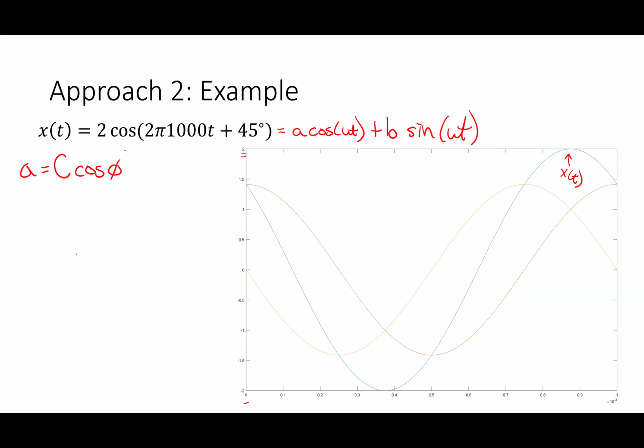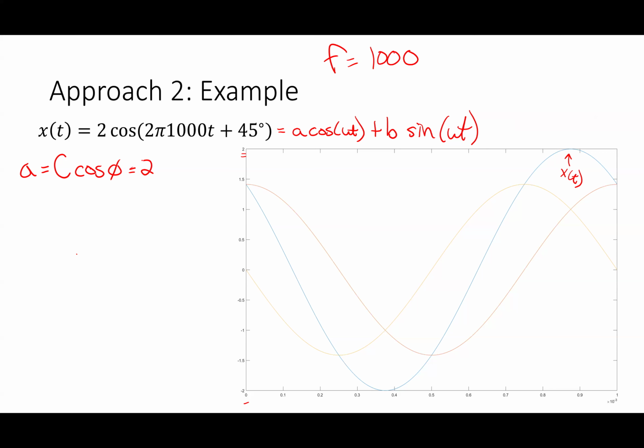If you don't know that, I really shouldn't send you to Signals and Systems. They're going to roast you in 3100. The amplitude is 2. What's the frequency in hertz? 2 pi 1000 t, so the frequency is 1000 Hz. So C cosine becomes 2.